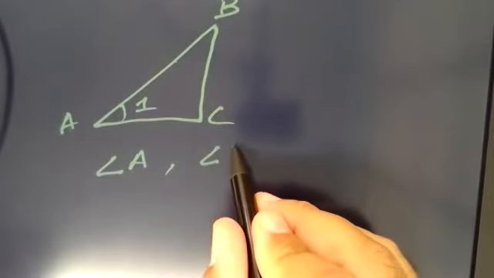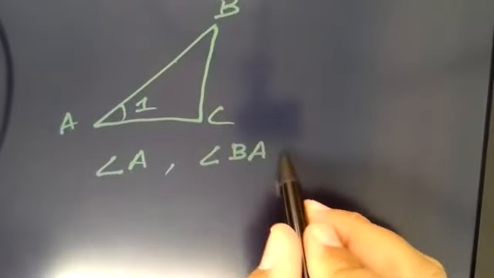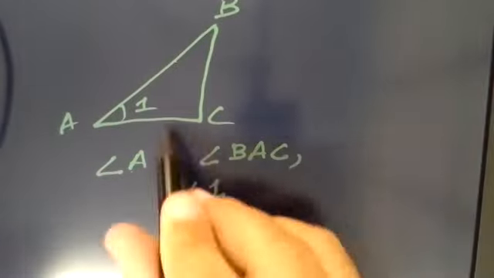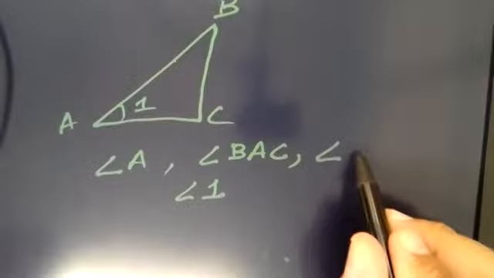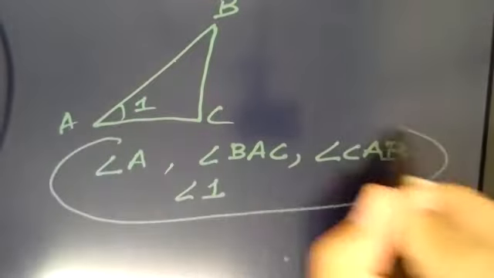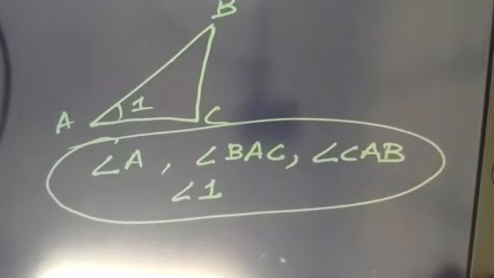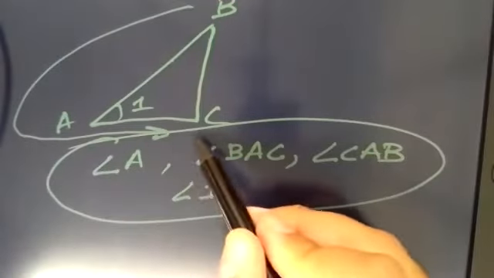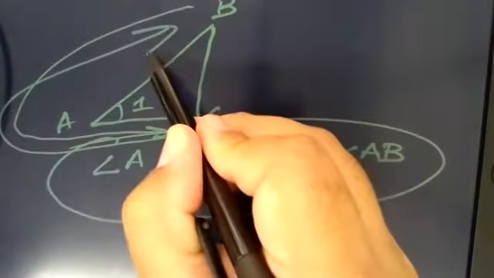Angle 1. BAC, yes. Angle 1, or I could also say angle CAB. All of those are correct, right? So if you write it in this direction, I could also write it in this direction as well.